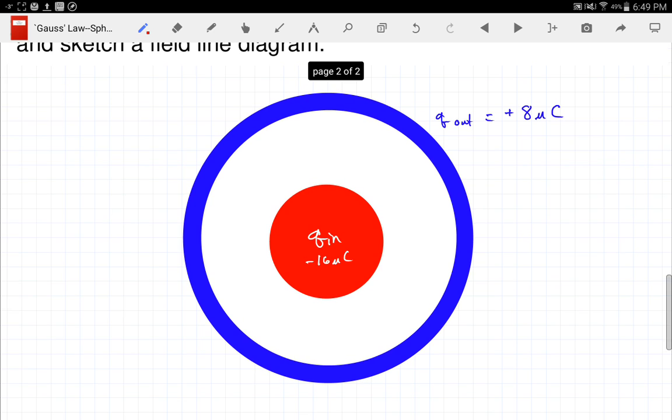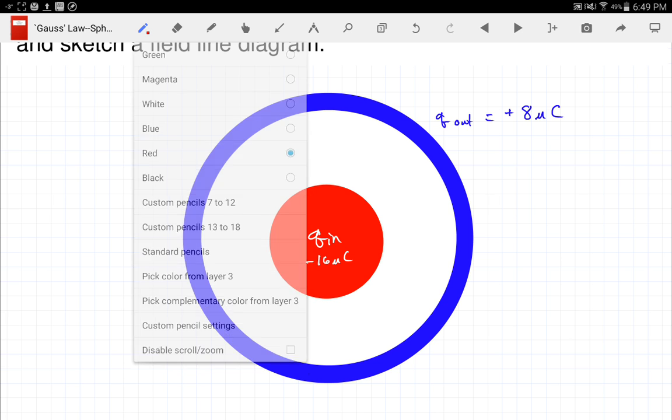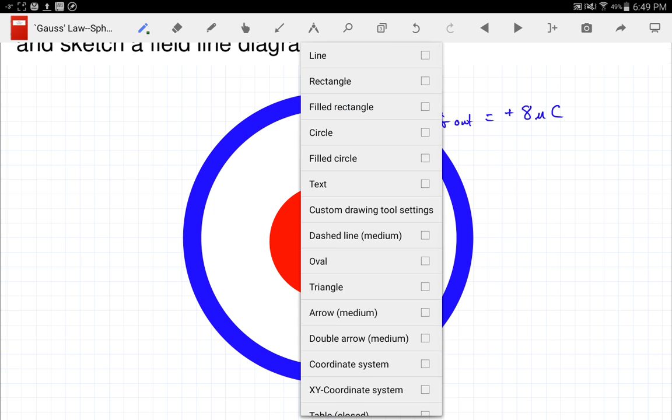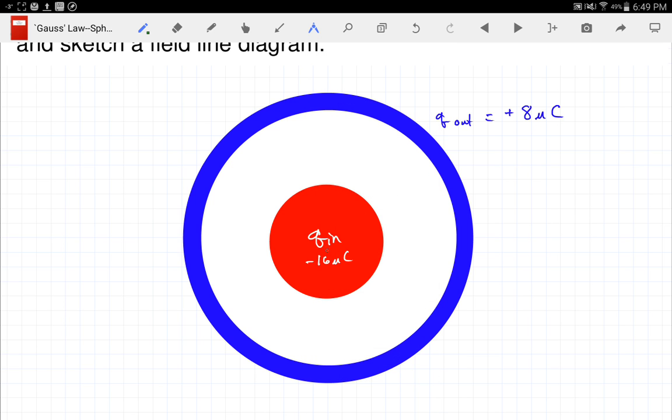So let's start in the center of the circle. I'm going to take a Gaussian surface. Let me make a green Gaussian surface here. And this Gaussian surface is going to be a sphere with a radius smaller than the radius of the inner shell.